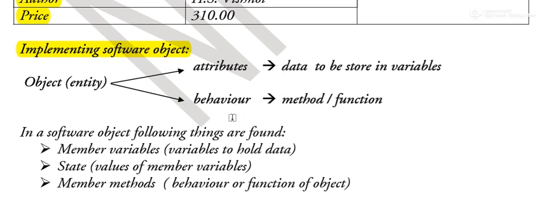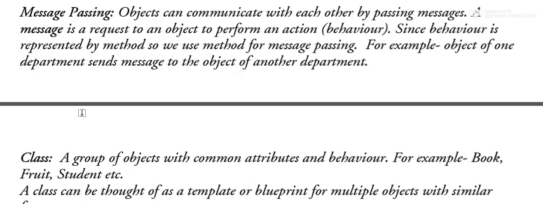So we can see that in a software object there are the following things: member variables, variables to hold the data, state, the value or data, and the member methods that provide the action or behavior of a class.